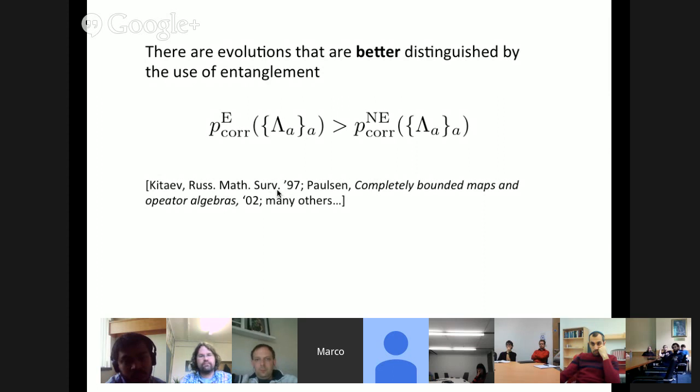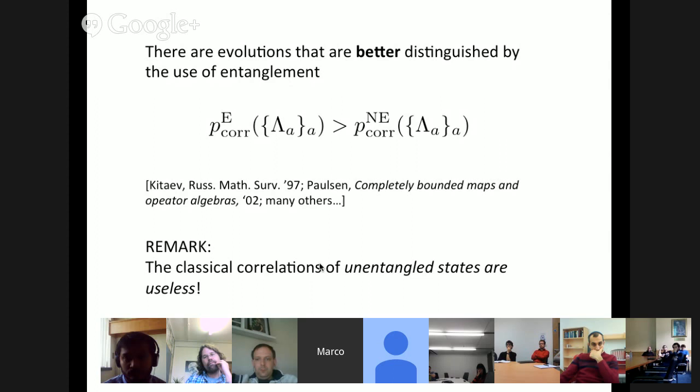In the quantum information community, probably the first to recognize it was Kitaev, who introduced the diamond distance between quantum evolutions. But this is something that is well known in the mathematical community and has then been studied extensively in quantum information.